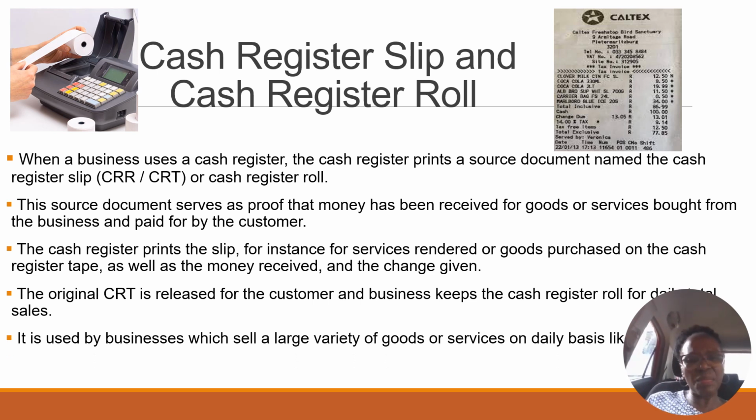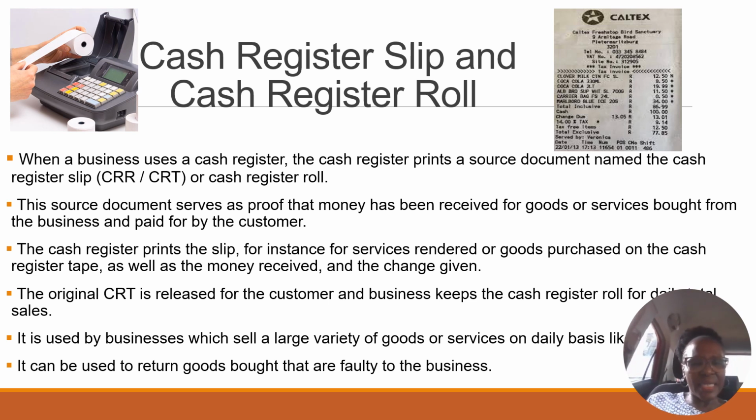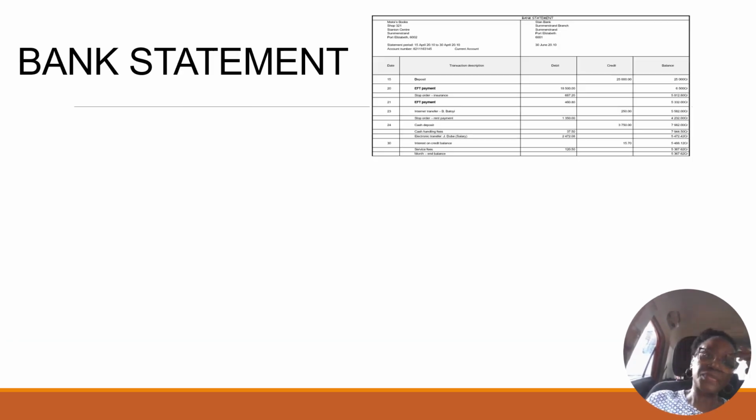It is used by businesses which sell a large variety of goods or services on a daily basis. It can be used to return goods bought that are faulty to the business.